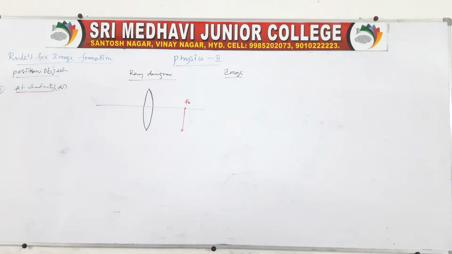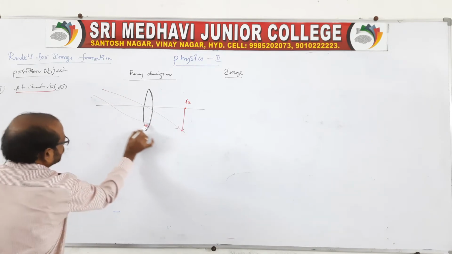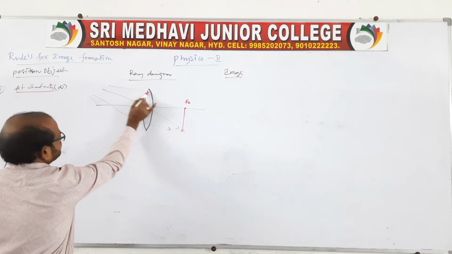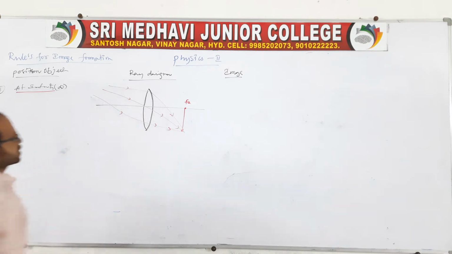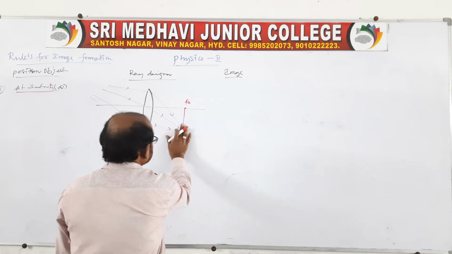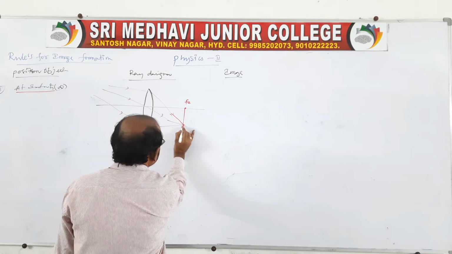The rays go like this. There is no refraction and the rays go like this, and it forms like this. We get the ray diagram for the formation of image. Remember in this case it is real, inverted and diminished at f. It's not in a big size; you take a very small, diminished size like this.